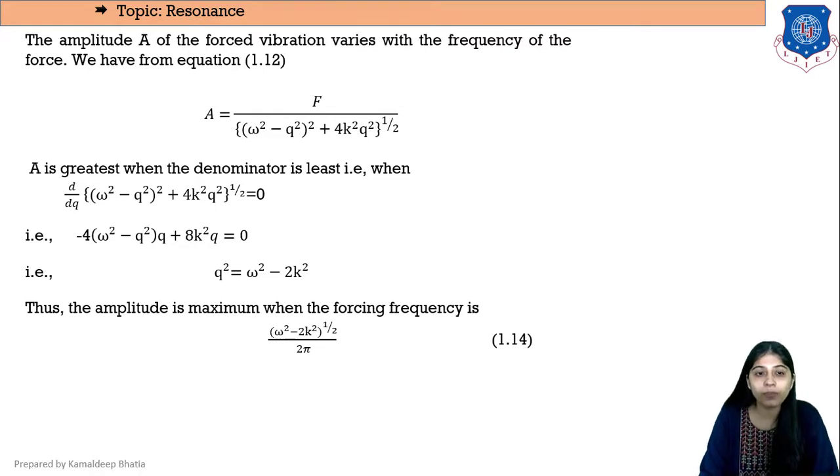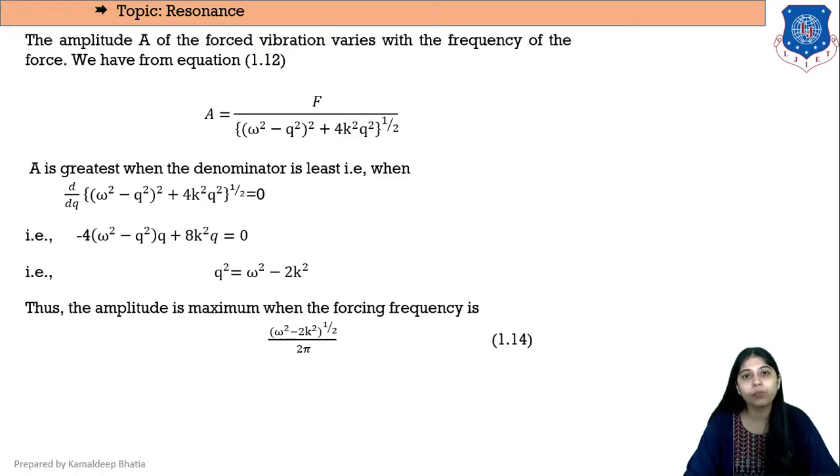Okay. So the amplitude A of the forced vibration varies with the frequency of the force. So we have this form of equation as A is equal to F upon (omega square minus q square) whole square plus 4k square q square, raised to half. So A is greatest when the denominator is least, right? So when d by dq of the denominator term is 0, A will be the greatest.